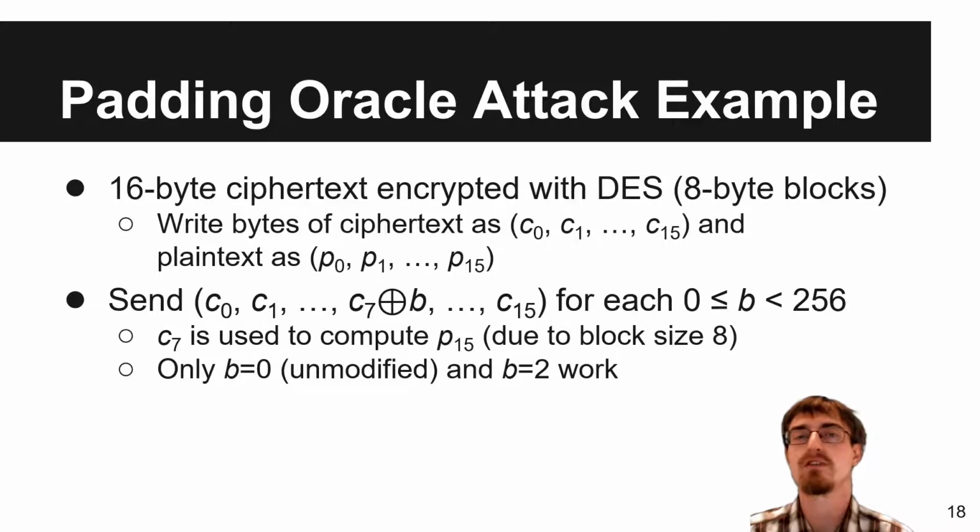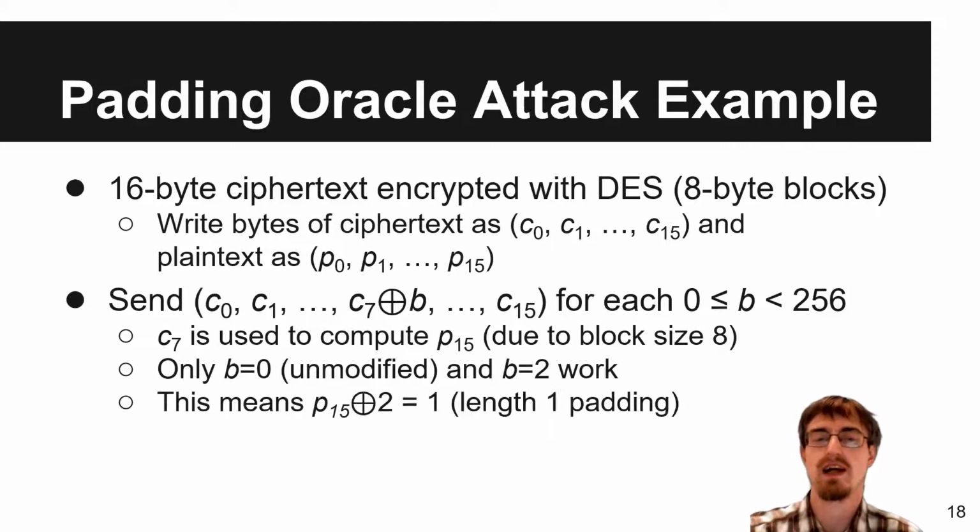Now, the unmodified ciphertext is obvious. It should work because the original ciphertext is correct. But it's interesting to see that if we change the value by XORing with the byte 2, it still works. So this means that XORing it like this actually yields a valid padding. In particular, it means that if we perform this XOR, we get a padding of length 1.